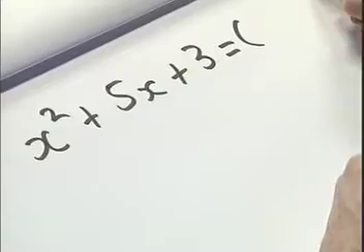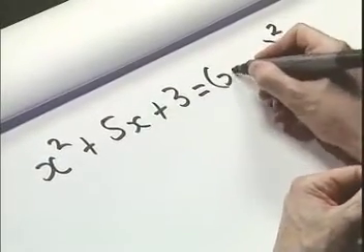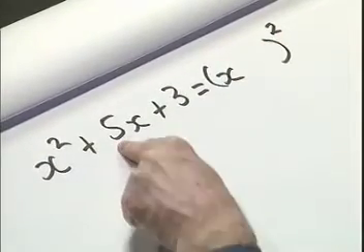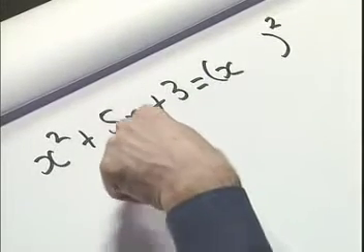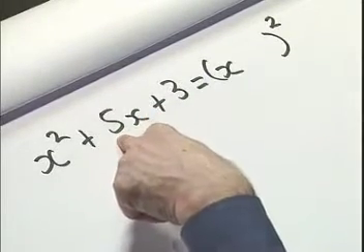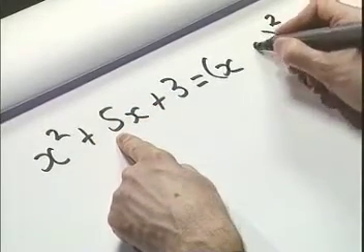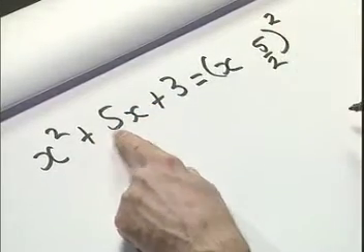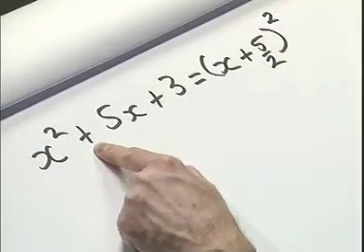We need a complete square. So we need x, and we look at this number here, the coefficient of the x term on this left-hand side. We want half that coefficient. So we want 5 over 2, and we've got a plus sign, so it's got to be x plus 5 over 2.